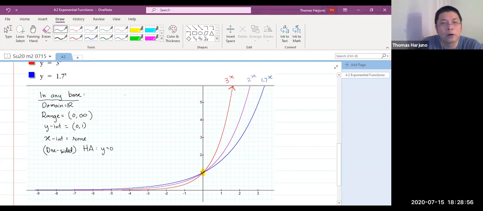Then going further, for a greater than 1, the graph is increasing. So the far end behavior will be approaching 0 when you go to the left. When you go to the right, it will go up.